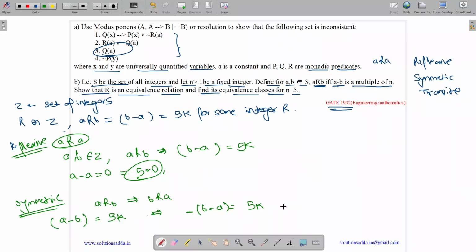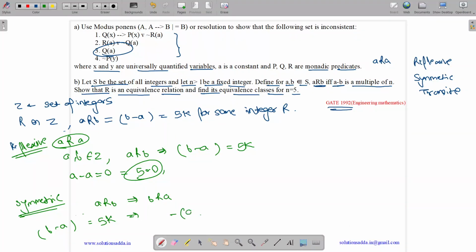We can take A minus B or B minus A. Let us be consistent with what we have taken initially. Initially we have taken B minus A. So A related to B means B minus A is a multiple of 5.